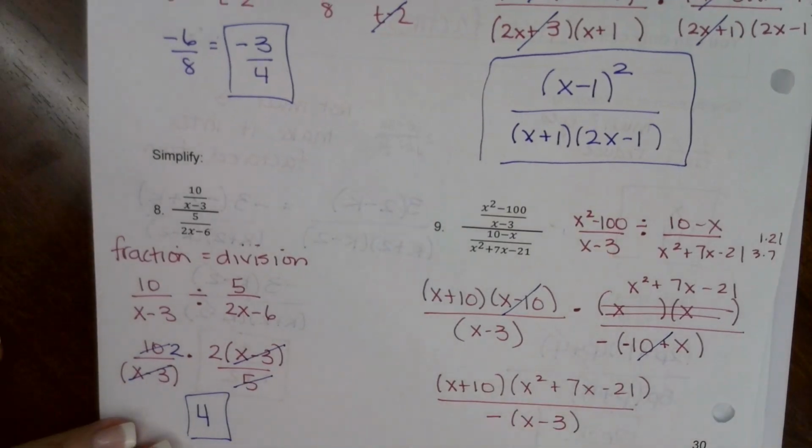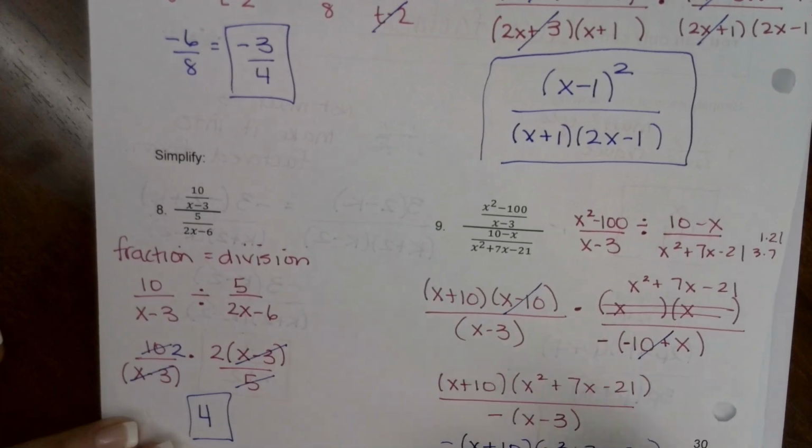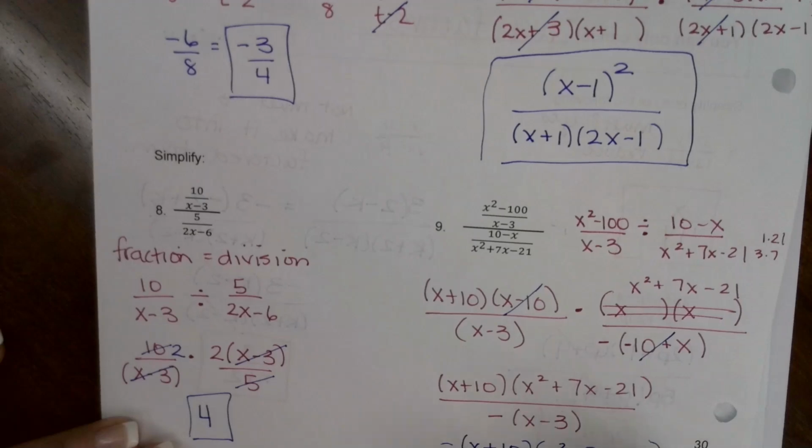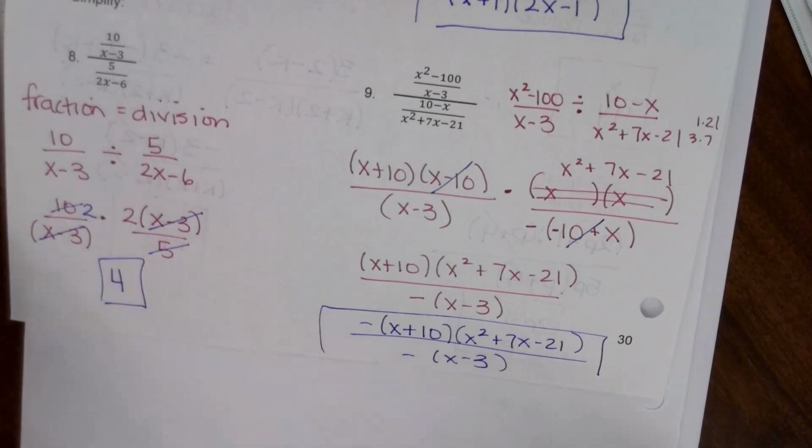I guess this is going to be my final form. I'm just going to write the negative on the top because I don't like those negatives in the bottom: x squared plus 7x minus 21. Okay, so this is my, oh, sorry. This is my final form right here.